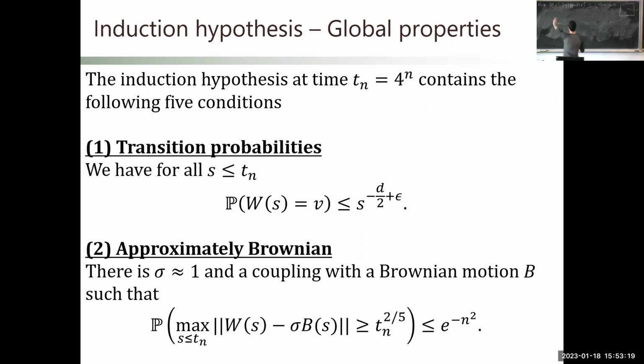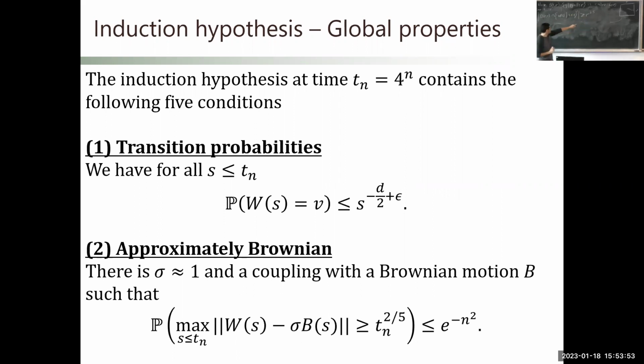So the block B(X, R) is called heavy at time T if you consider the set of vertices in the block that are visited by the walk up to time T, and this set of vertices is more than R to the 2.5.